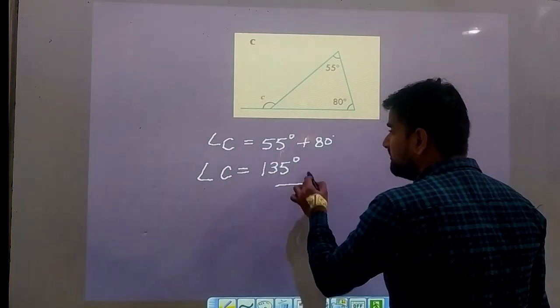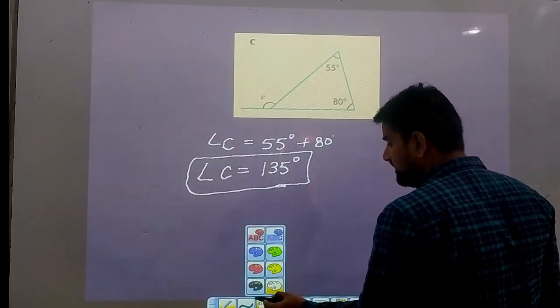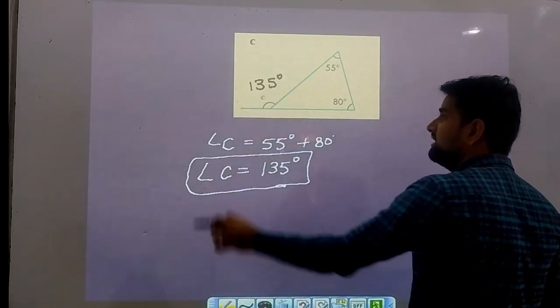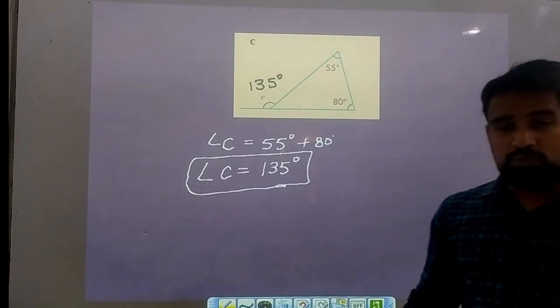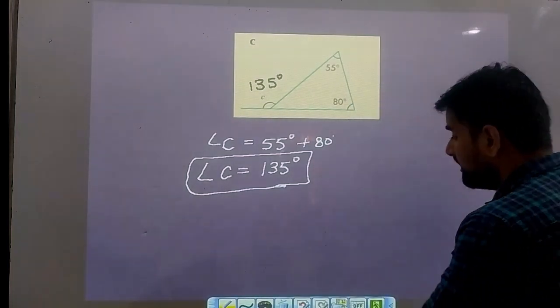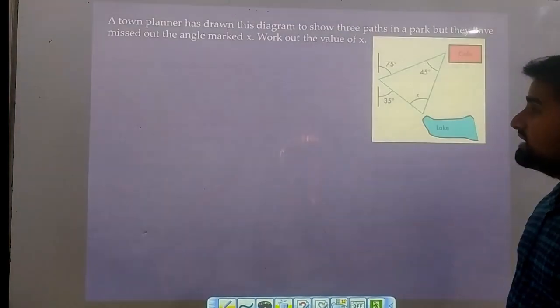So this is 135 degrees, angle C. I hope you understood this question very easily. Let's move ahead and take the next question.